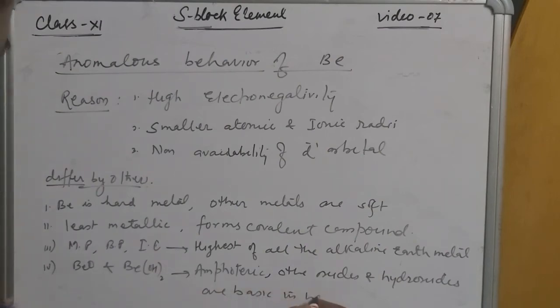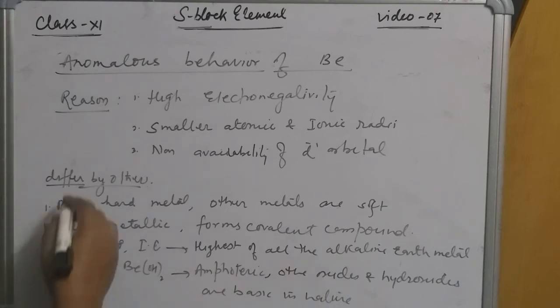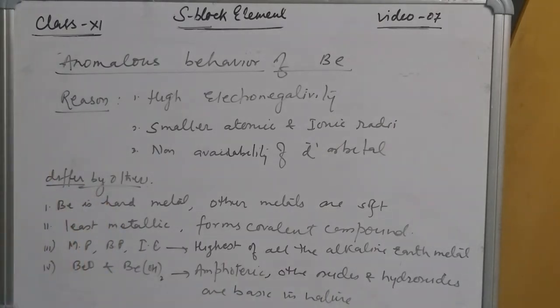So beryllium differs from the other alkaline earth metals, so it shows anomalous behavior and different behavior than the other members of this group.